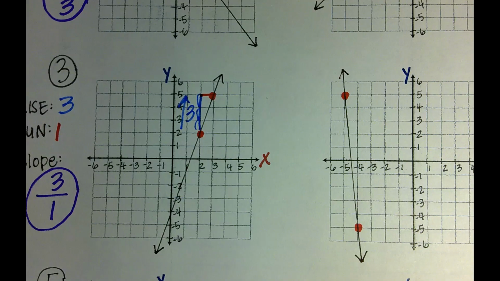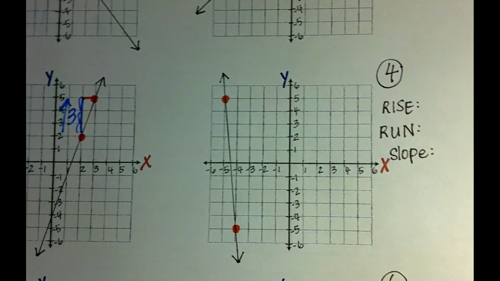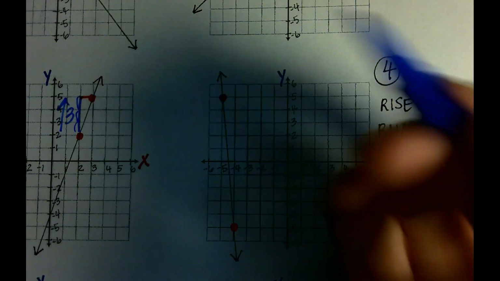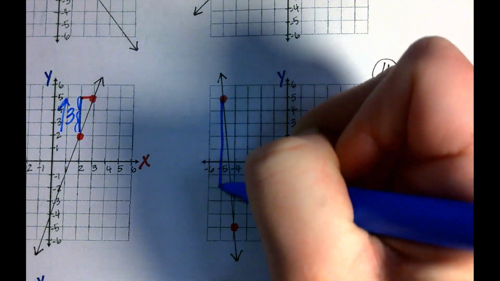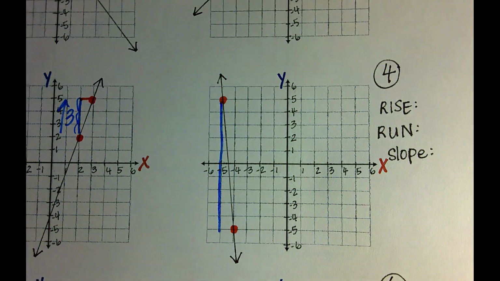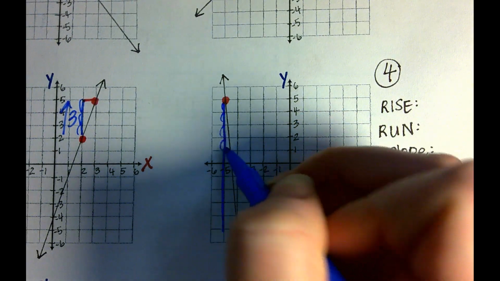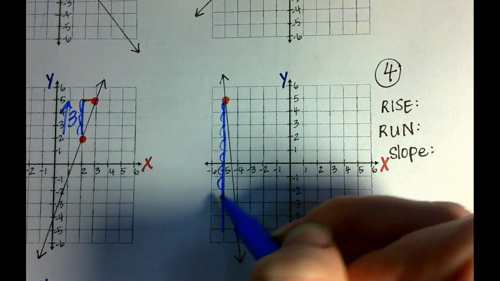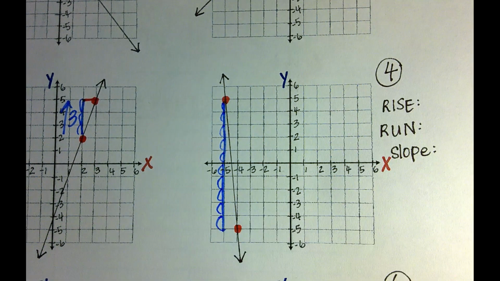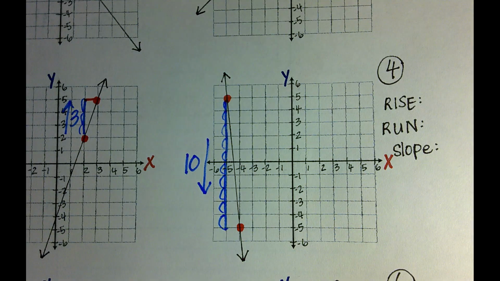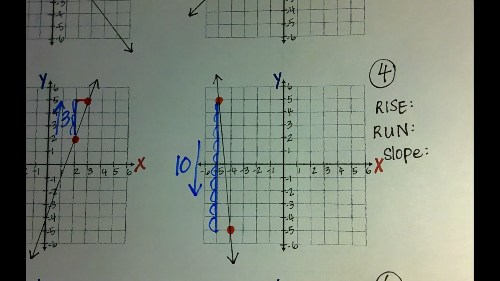Can we do number 4? Let's do it. Which point should I start from? The top point. Good. Now, do I need to go up or down? Down a long way. Okay, count all these. 1, 2, 3, 4, 5, 6, 7, 8, 9, 10. So we went down 10. So what would our rise be?